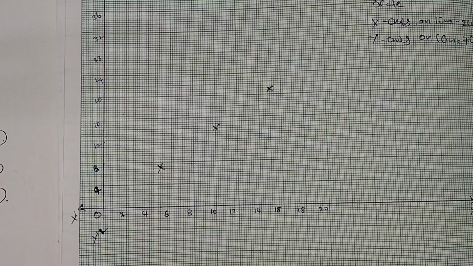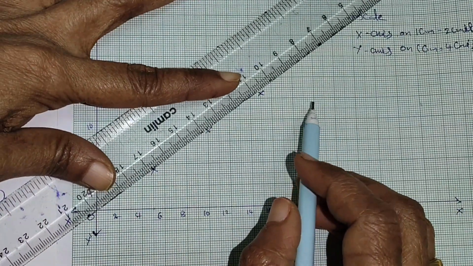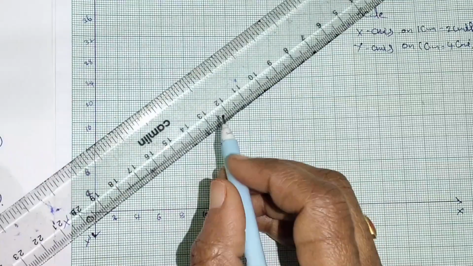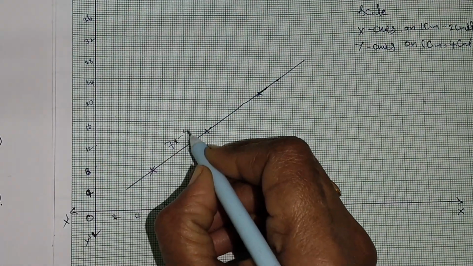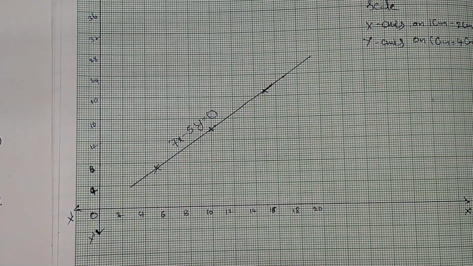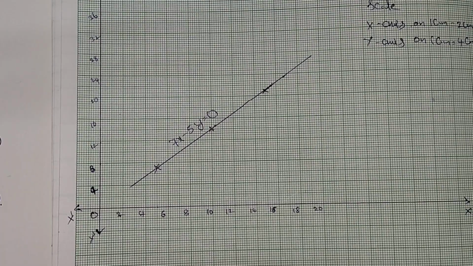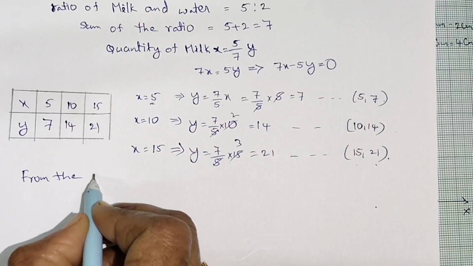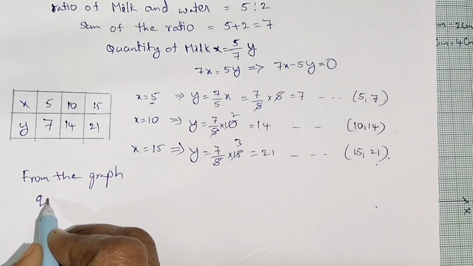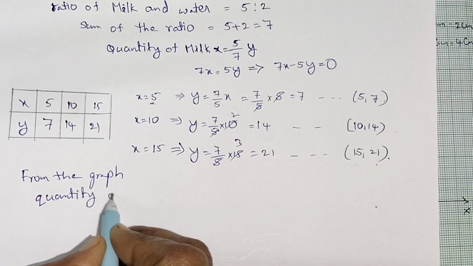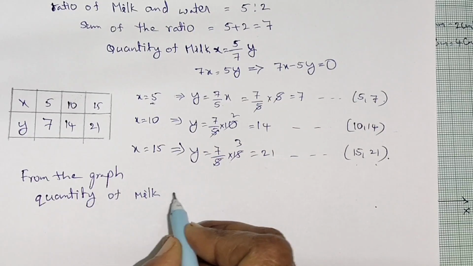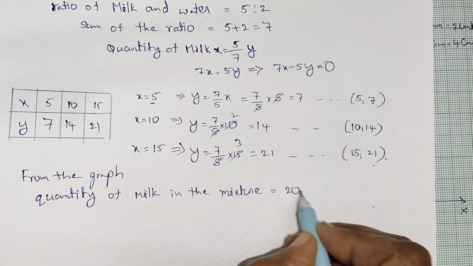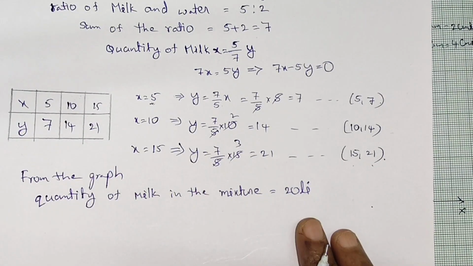Now join these 3 points. This is the line of 7x minus 5y equal to 0. So finally, from the graph, the quantity of milk in the mixture is equal to 20 liters, because the total is 28 liters.